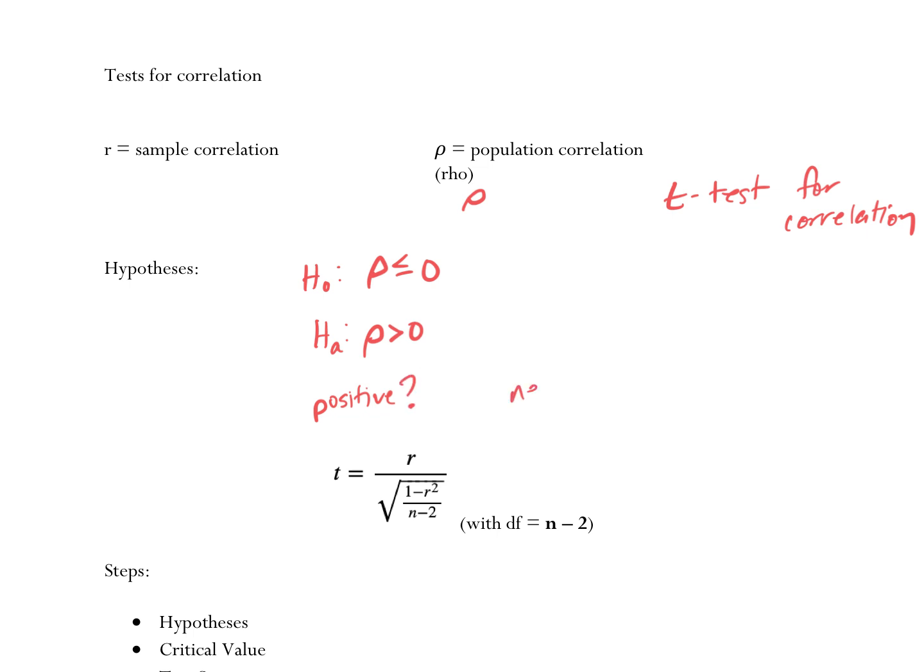If I'm asking, is this evidence of a negative correlation, my alternative would be rho is less than 0 versus rho is greater than or equal to 0. Is this proof of any correlation? My alternative would be not equal to 0, and my null would be equal to 0.